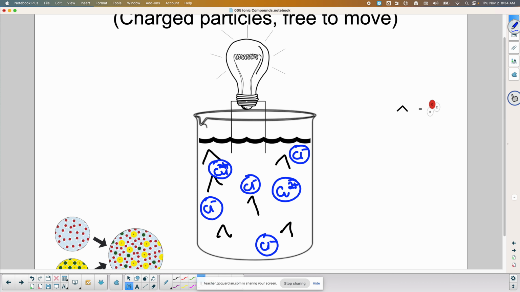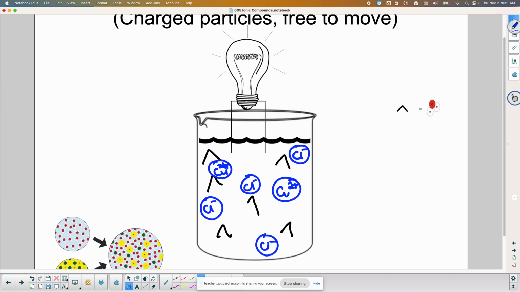Here is the difference between a battery and a plug. A battery is what's called direct current. The battery has a positive side, it has a negative side, and the side that's positive is always positive and the side that's negative is always negative. So when you hooked the wires up to the battery, you were able to create a pencil lead that was positive and a pencil lead that was negative, and then you could make the ions sort themselves.